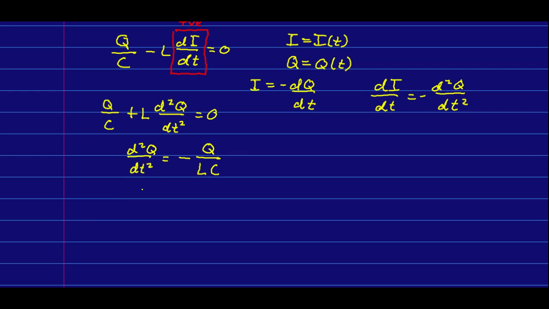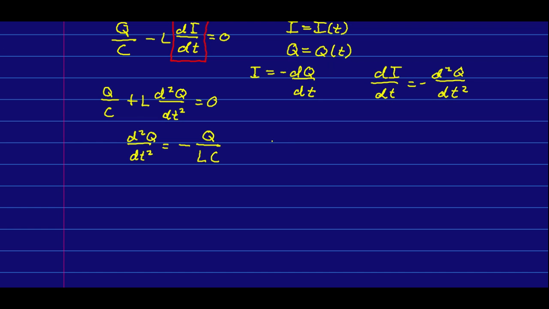Well, that's a differential equation, but it's a rather easy one, because this is saying that q is a function of time such that when we take its second derivative, we get the same function back, but with a negative constant out front. Well, again, we know what kind of function does that.